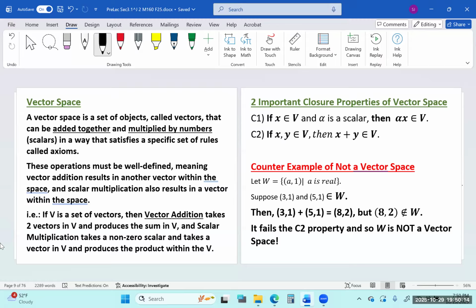Maisha, what does it mean to be closed under addition? It means if you take any two vectors, add them, the result will be inside your space, the vector space. For example, here we have a space with a set of numbers where the first element is anything, but the second element has to be 1.